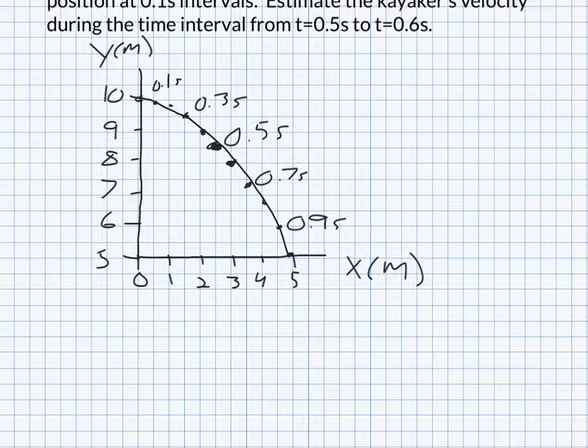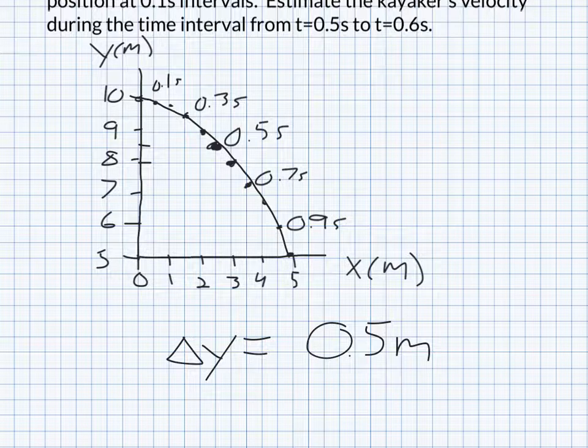So graphically speaking, it looks like 0.5 is right at about 8.5 high, and 0.6 is right at about 8. So it looks like he falls half a meter. So I would say that's the delta y. And then if we look at the distance here from 0.5 to 0.6, it looks like 2.5 to 3.